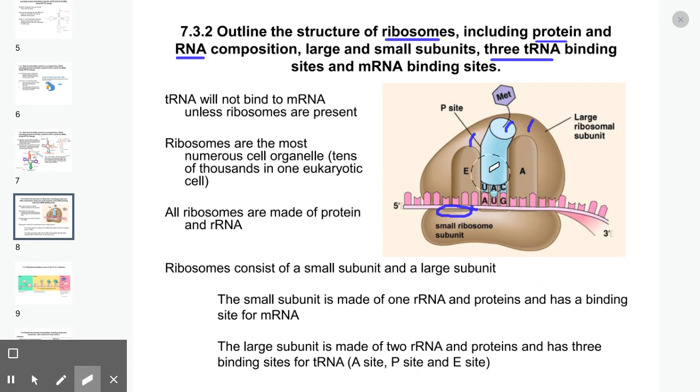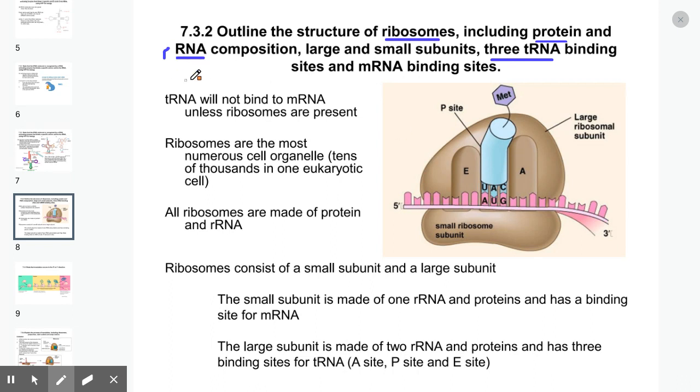So let me erase a little bit. So ribosomes are made up of a type of RNA called rRNA, and the R stands for ribosomal. And it's RNA. It's a single strand of a nucleic acid, of nucleotides, right? Just like messenger RNA.